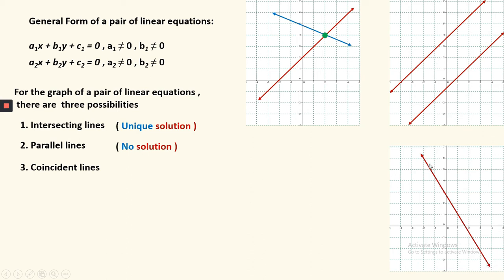That means whichever solutions are there for the first equation, all those points will be solutions of the second equation also. And we know that for the first one, there are infinitely many solutions. So all those infinitely many solutions are solutions of the second one also. So when the lines are coincident, the equations have infinitely many solutions.